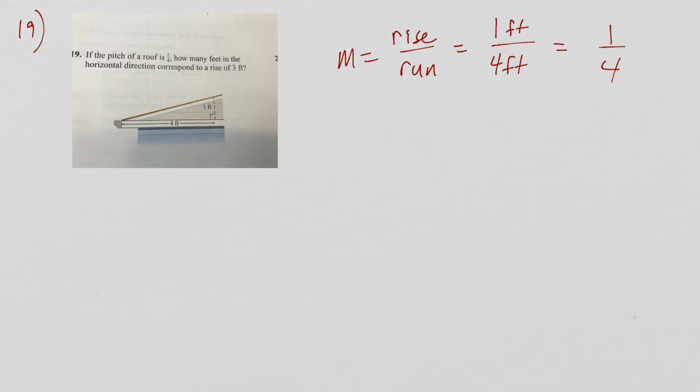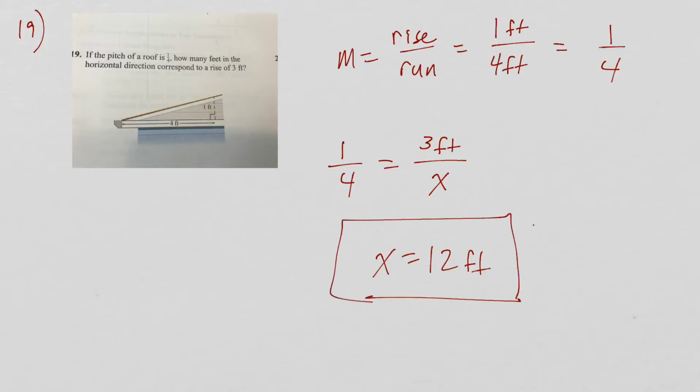So if we say that the slope is 1/4, and in this case we're going to be rising 3 feet, how many feet will we run? Well, we can simply cross multiply, and x would be 12 feet. So this would correspond to 12 feet in the horizontal direction.